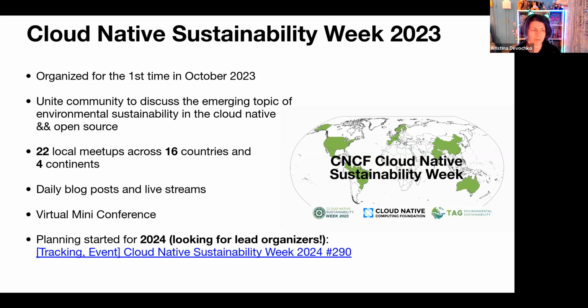We are looking potentially at having more than one to cover the different time zones, and also to ensure that it can be scalable and sustainable for those who will be contributing to this effort. If you're interested in contributing at any stage of the planning or to the different activities related to this event, you can mention your interest by commenting on that issue. We will be very, very happy to get more people involved next year.